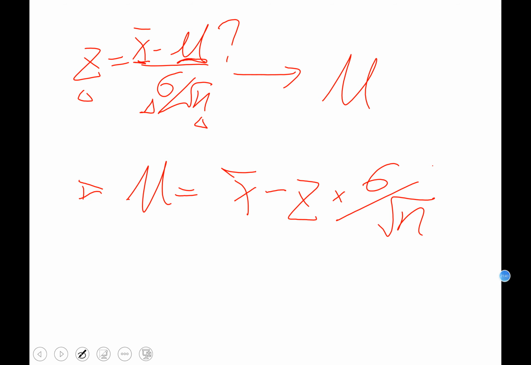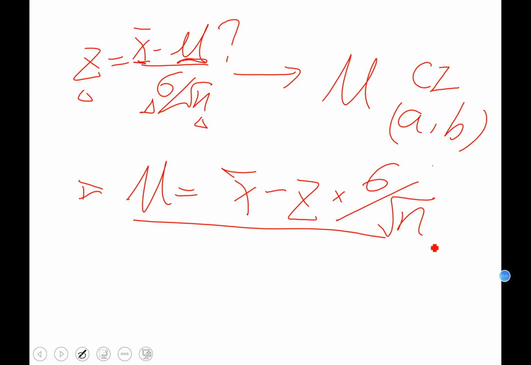We said that the confidence interval should be a range from number A to number B, between these two numbers. That is a range, right? But here, there is only one number. So, what's the meaning of that? How can we get the range? Please do not forget that.